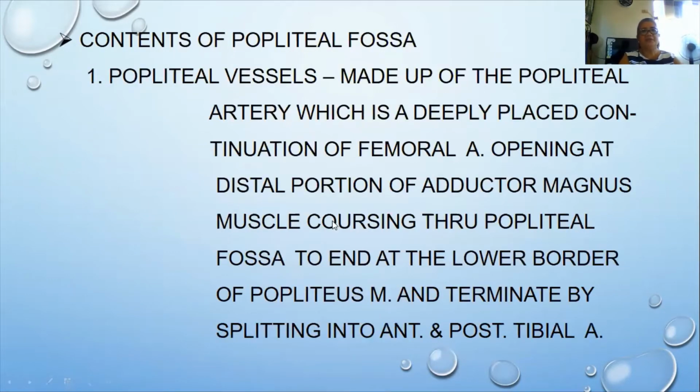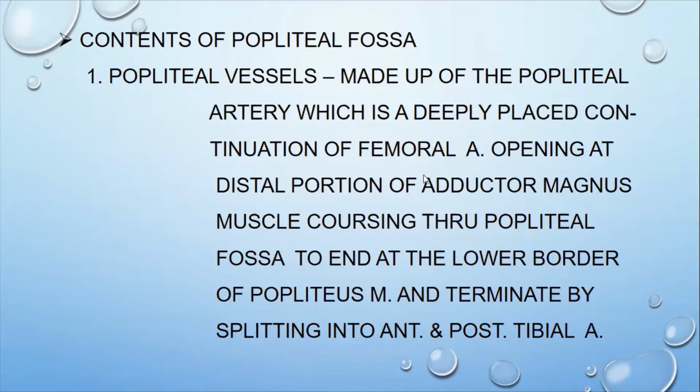Now, the contents of the popliteal fossa will be your popliteal vessels, made up of the popliteal artery, which is a deeply placed continuation of the femoral artery. Your popliteal artery is a continuation of your femoral artery.